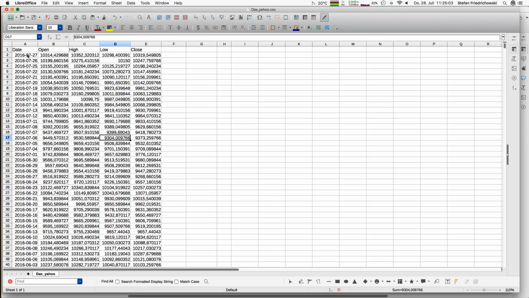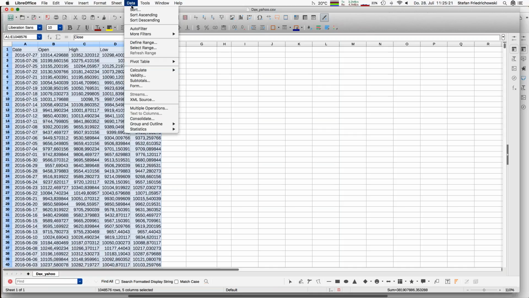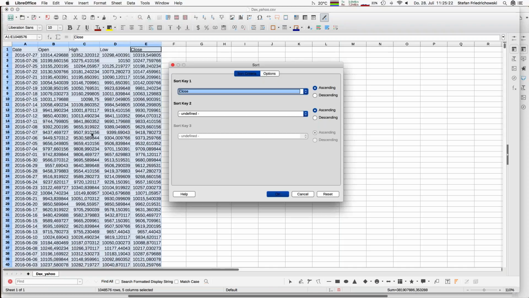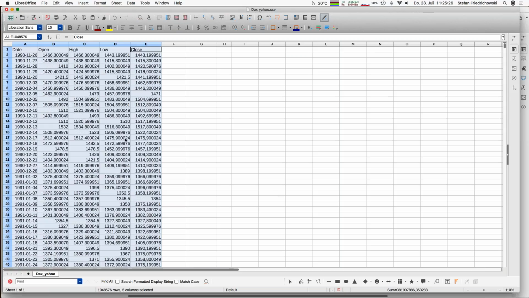The next step: you see the order is the newest is the highest here, and I would like to change this so that I have exactly the opposite order. So we have to sort them by date, and now we have the reverse order. So the oldest value is in row number 2.